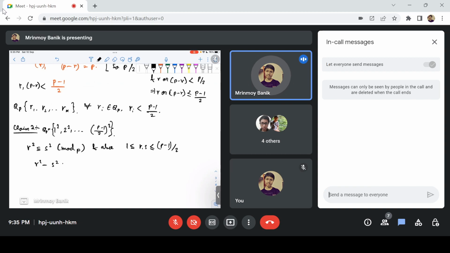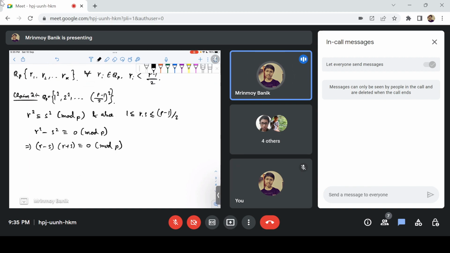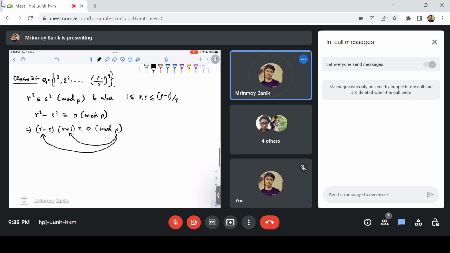So bringing s squared on the same side as r squared, we have r squared minus s squared is congruent to 0. That's r minus s times r plus s is congruent to 0. So we have something that's perfectly divisible by p, right? Since p is a prime number, it can either be contained totally in here or in here. So either the first factor is divisible by p or the second one is divisible by p. Now we have assumed s and r to both be less than p minus 1 by 2.